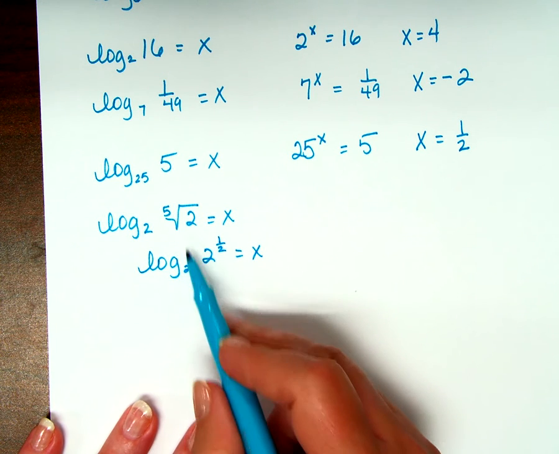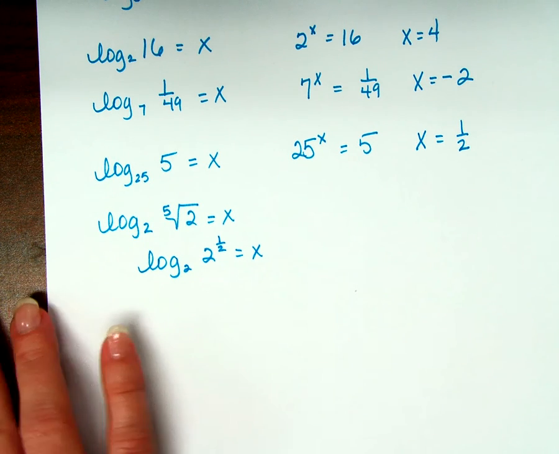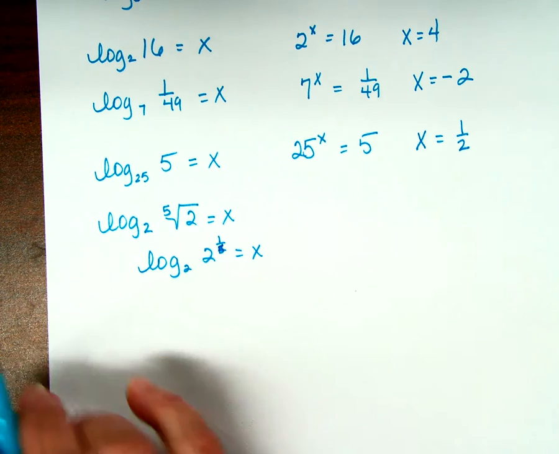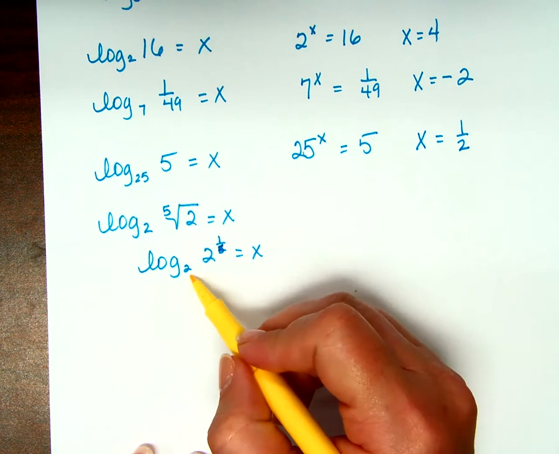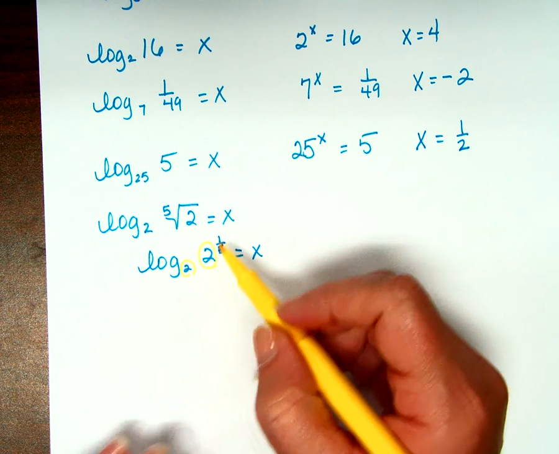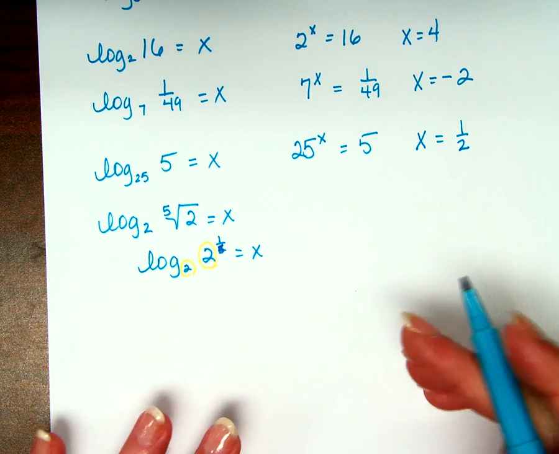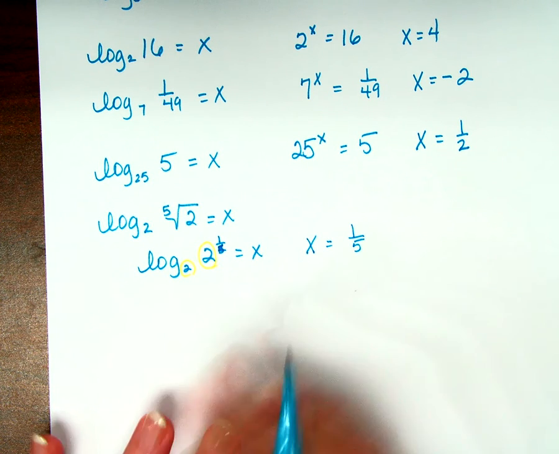Aren't these two the same? Well, it's a 5. It's just hard to see. Sorry, I made it messy. Please forgive me. But my point at this point, right, is if my bases are the same, what's the answer? It's the exponent, whatever's left. So x equals 1/5, doesn't it?